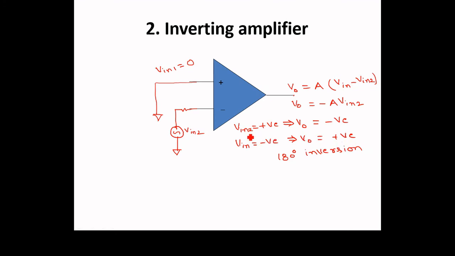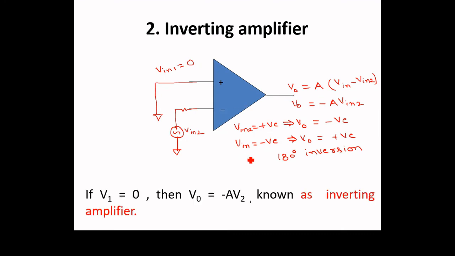So whenever we are applying to this terminal, the output voltage is getting inverted in polarity. If V in 1 is equal to 0, the output is getting inverted. That's why this configuration is called inverting amplifier.